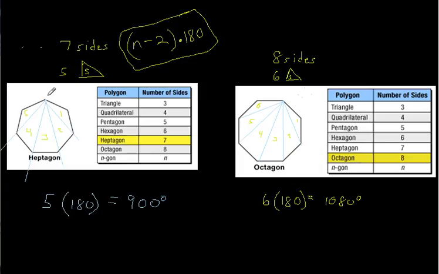You can always create as many triangles as you can inside the polygon from one vertex. So you have 2 different methods. The formula saves a little more time, so I'm going to highlight it with a different color. Give it some pizzazz.